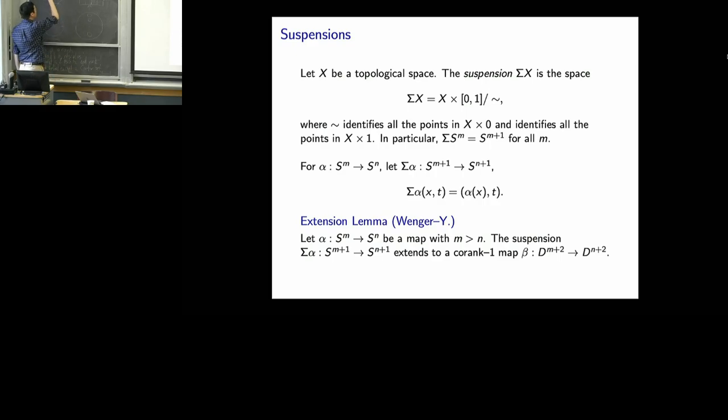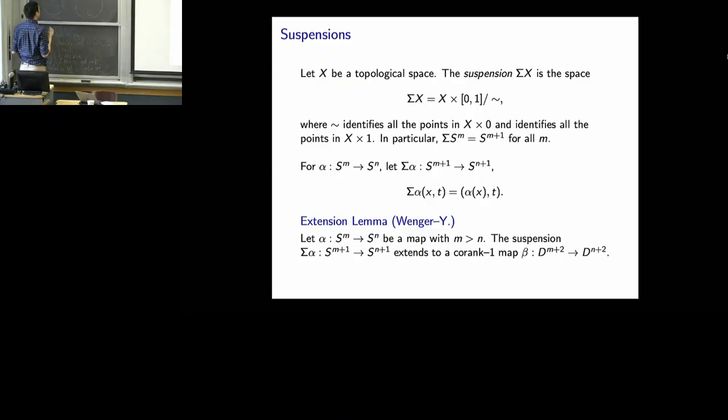And so if I want to construct a map that sends the boundary of the cube to the boundary of the square by sigma alpha, and sends each of these little cubes to the boundary of one of these little squares by the map sigma alpha, it's enough to construct a map from here to here that sends the boundary of the ball to the boundary of the disk, and sends the boundary of each of these little balls to the boundary of each of these little disks by sigma alpha, or by a rescaling of sigma alpha.